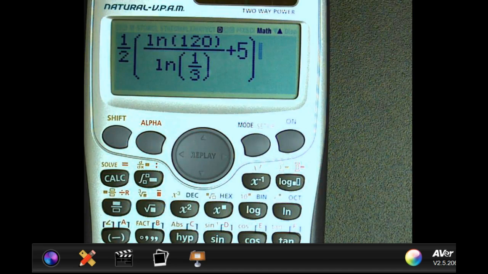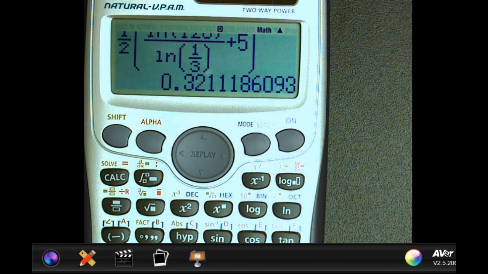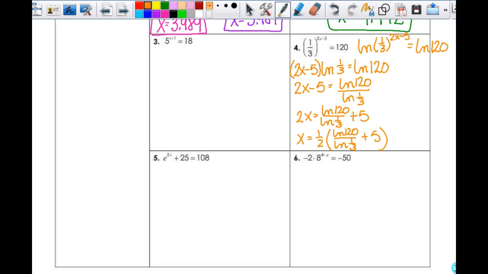So once you got all that, there you go. Parentheses. There are other parentheses, but this one is needed because I want to make sure that you're doing it right. All right, good. So we should get that x is equal to 0.321. Did everybody get that? Yes, eventually. Good, good, good.